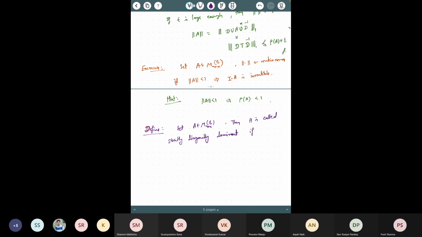if for each j, the jth diagonal entry in modulus is greater than the sum of the remaining entries in the jth column.